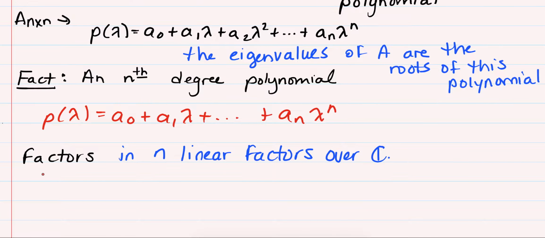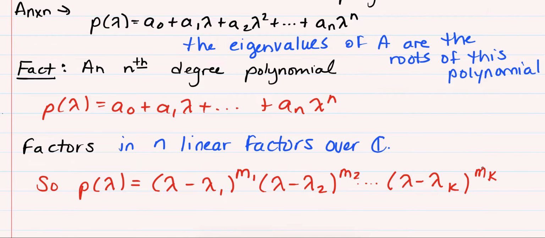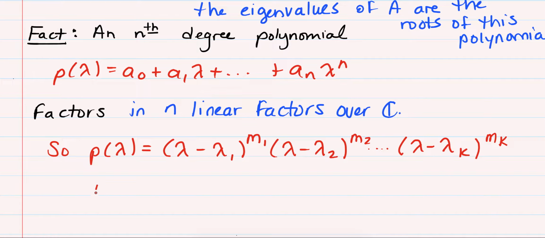So what I'm saying is P of lambda can be written this way, as lambda minus lambda 1 to the power m1, lambda minus lambda 2 to the m2, and so on, lambda minus lambda k to the mk, where m1 plus m2 plus through mk is equal to n.